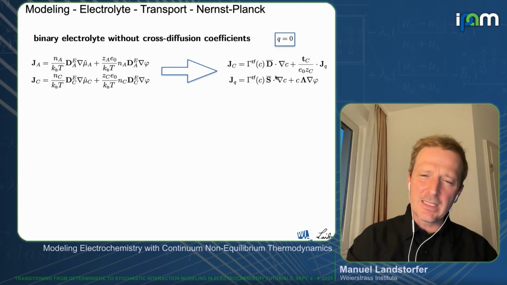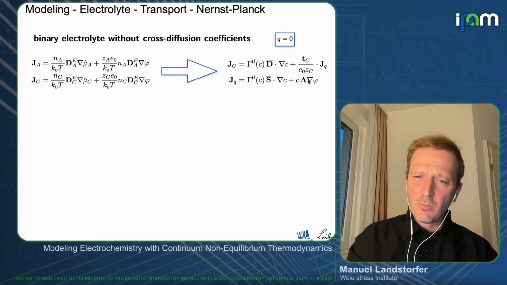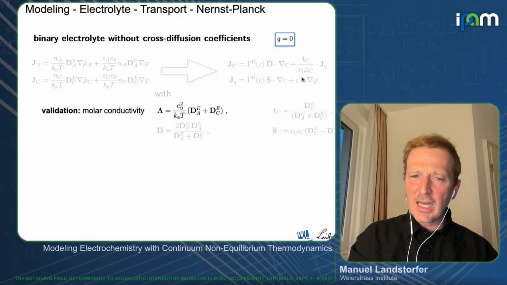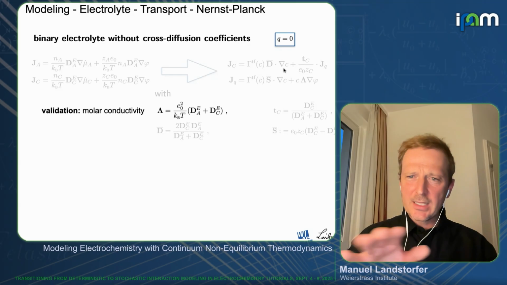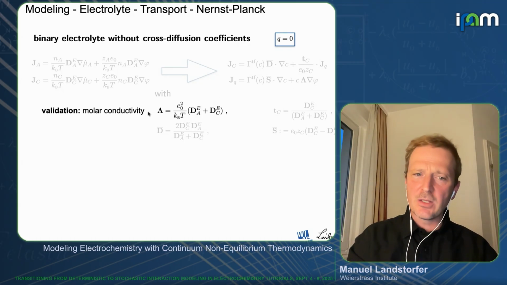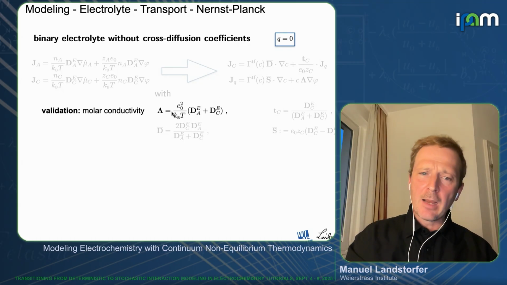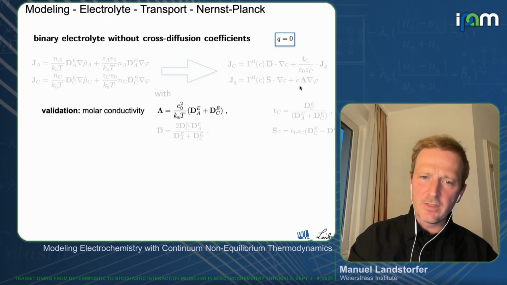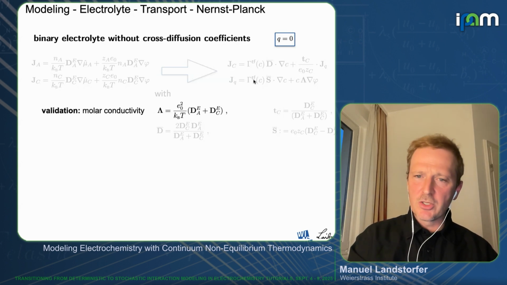Because you can experimentally access the molar conductivity, in a manner that when you build a situation where you have no concentration gradients, you can really measure the molar conductivity. And this is nice because the molar conductivity is the only non-equilibrium parameter which arises without having gamma terms involved.